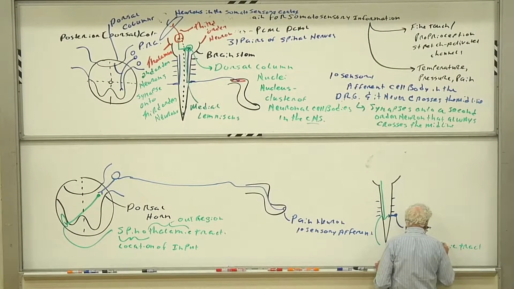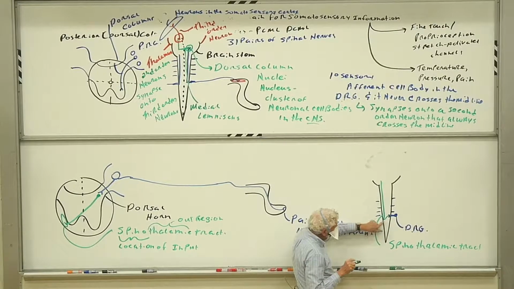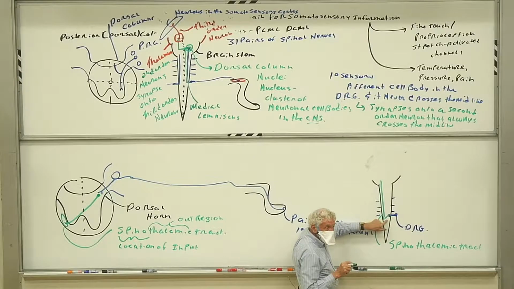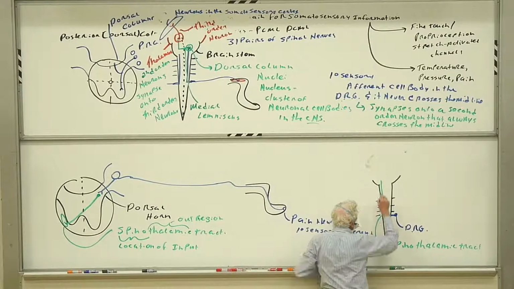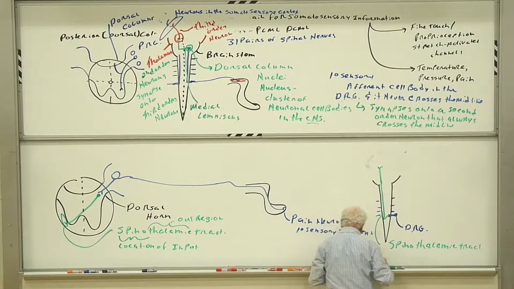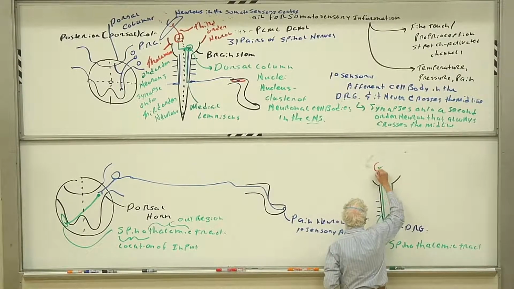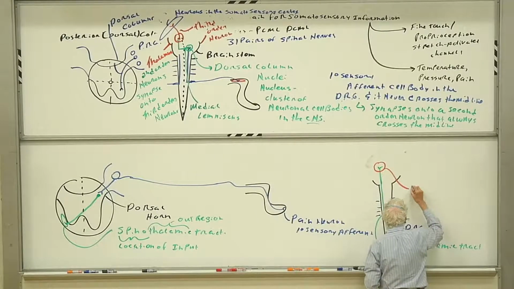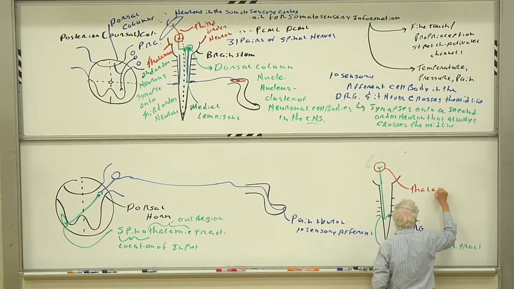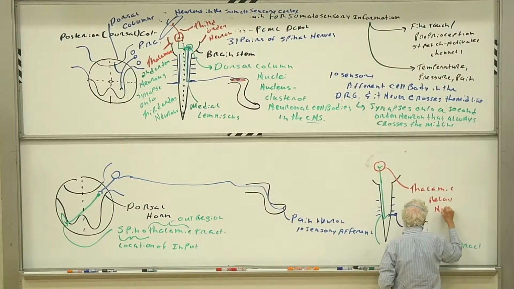The spinothalamic tract now is carrying the axons, the conductor regions of the second-order neuron. Spinothalamic, we know from that nomenclature where the synapse is going to be. The synapse, again, is going to be found up here, in the thalamic relay nucleus.